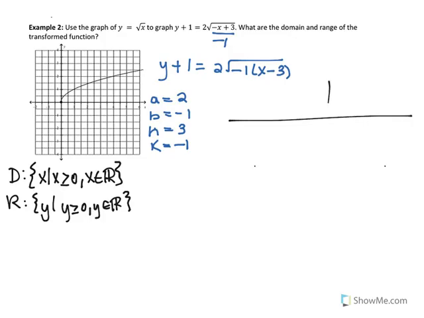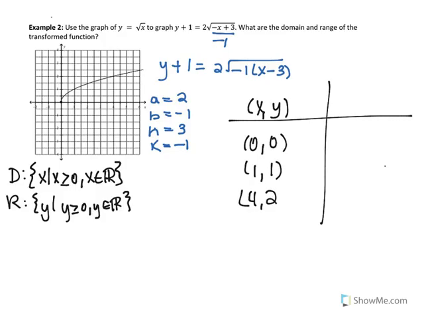Okay, let's make our new points. So we have x and y, and we'll use 0, 0, 1, 1, 4, 2. And now our x value is going to be negative x over 1, which is just negative x, plus 3. And our y value is going to be 2y subtract 1.